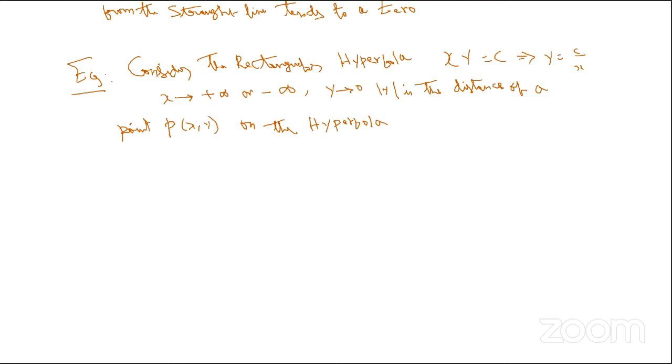Page number 248. So, diagram. Asymptotes are important for curve tracing.